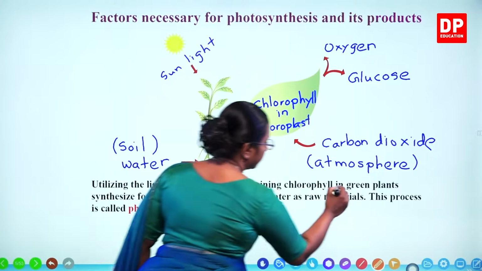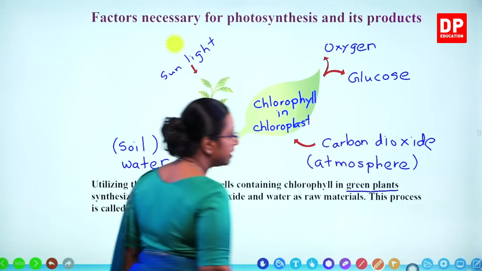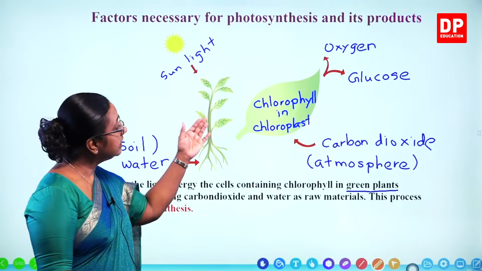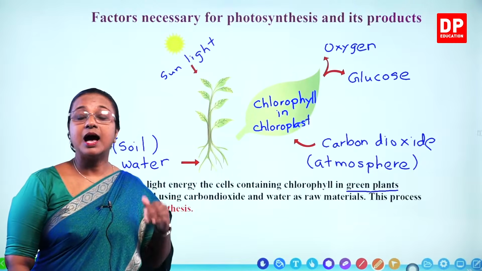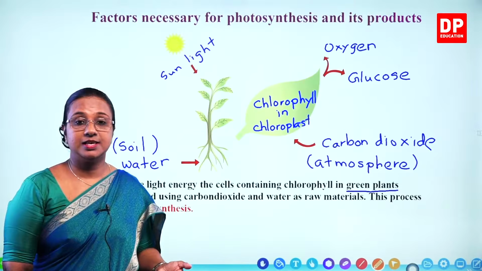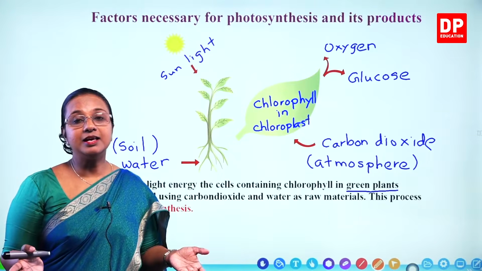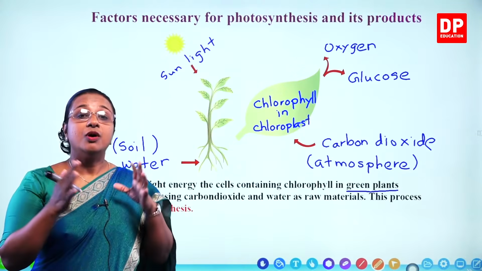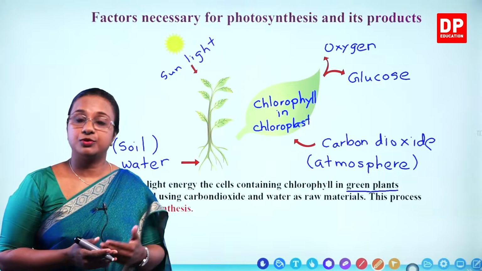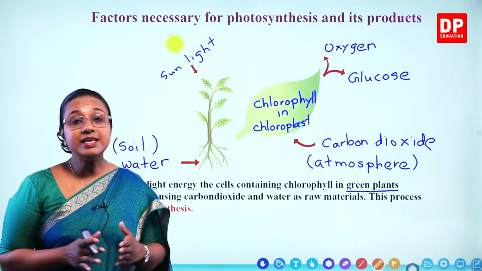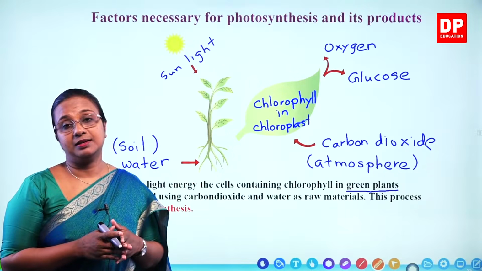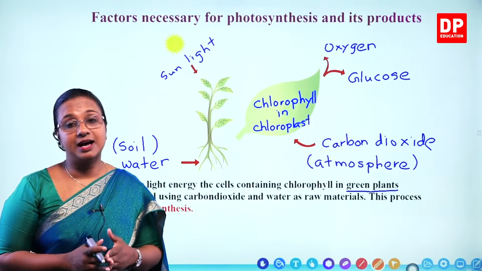So here students, you have to look at this term. When we say green plants, the leaves of the green plants are mainly adapted to carry out photosynthesis. That is why they are green in color, and also they have all the required adaptations to carry out photosynthesis. But in young plants, you would have seen the stems of the plant being green in color.